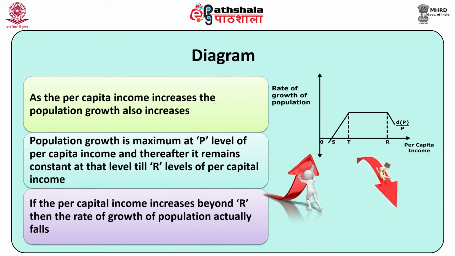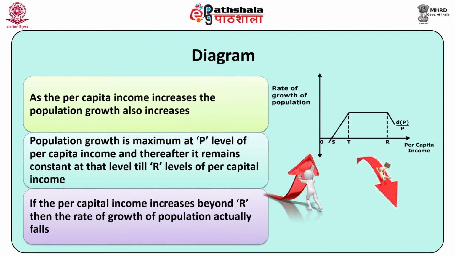As can be seen in this figure, on the x-axis we have the per capita income and on the y-axis the rate of growth of population. Initially the economy is stable at subsistence levels at point S, that is at a low level of income.